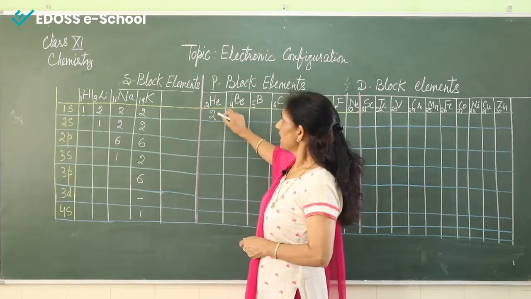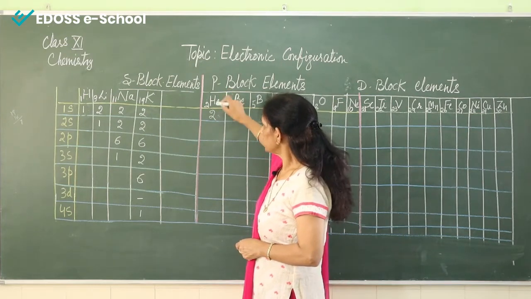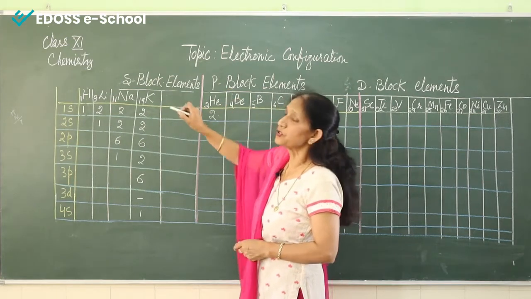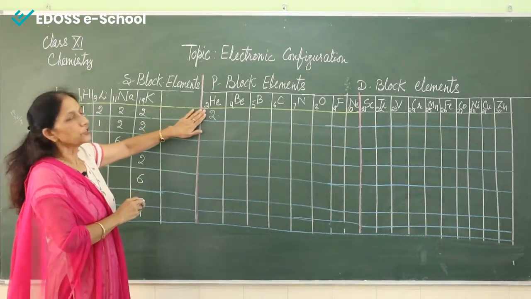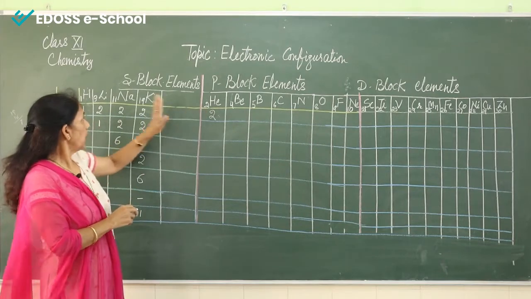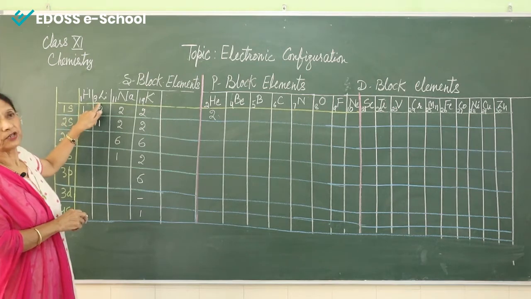So the second electron will also go in 1s. So this is the configuration 1s2.